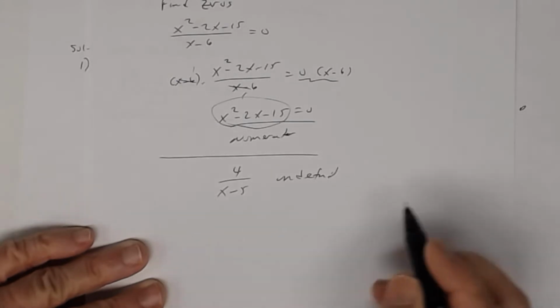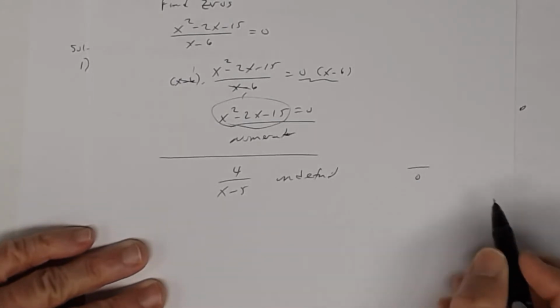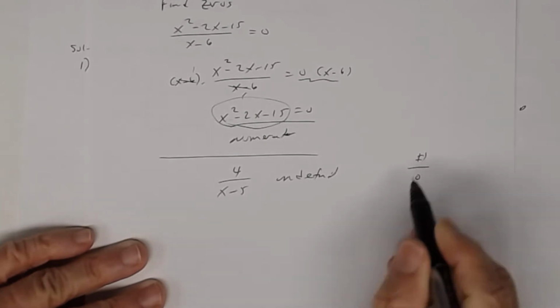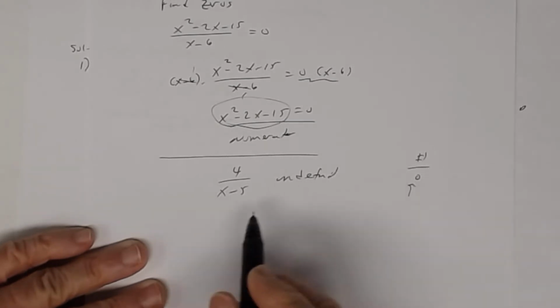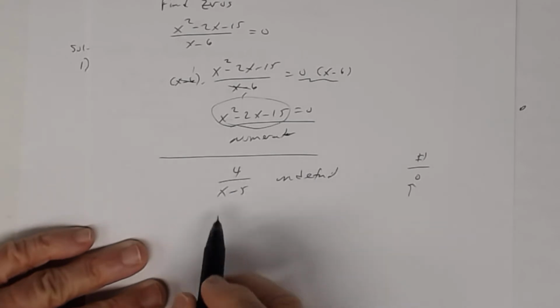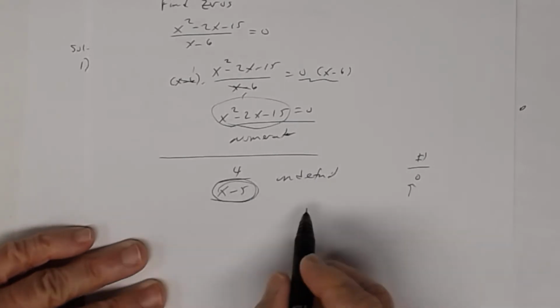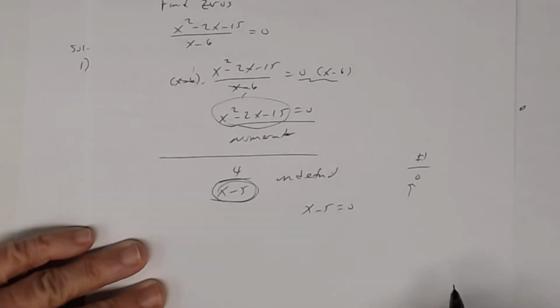Remember, a rational expression is undefined when you divide by 0. So you have some number other than 0 divided by 0, and you cannot divide by 0. So to find out where this rational expression is undefined, you have to determine what value of x makes the denominator equal to 0.